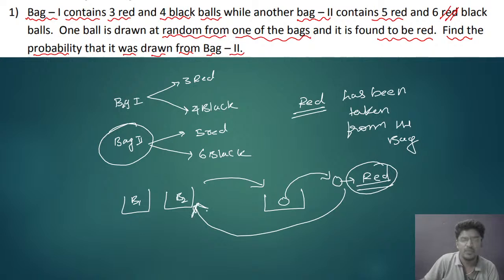Here I have to calculate the probability that the red ball is from bag 2. That is very important. Quickly tell me, have you understood the problem? Once you understand the problem, solving it will be very easy. That's why I'm asking. First tell me, have you understood the problem?